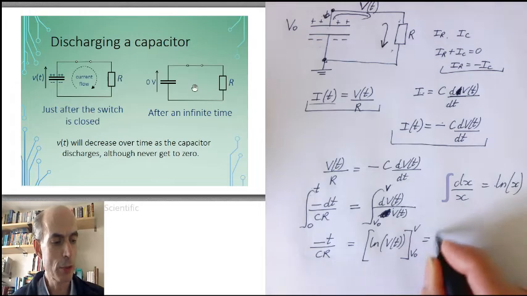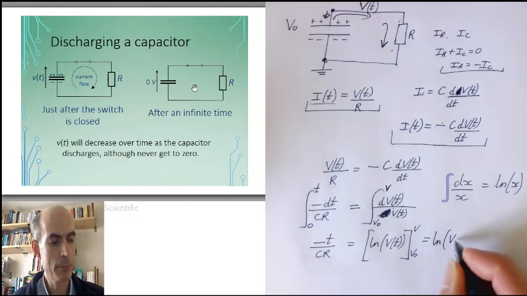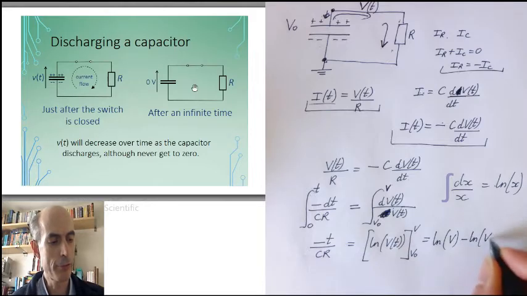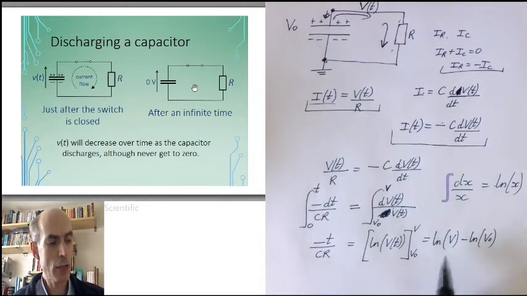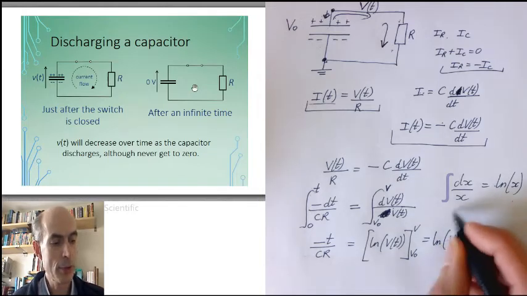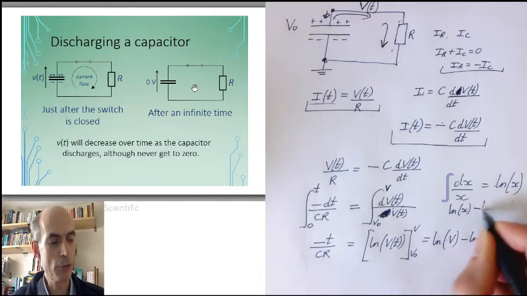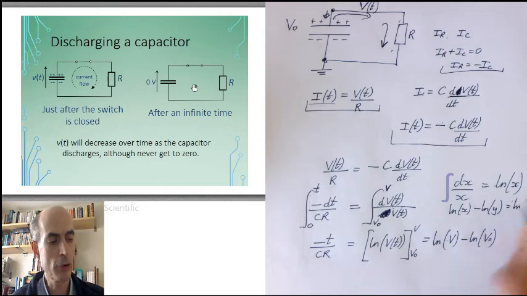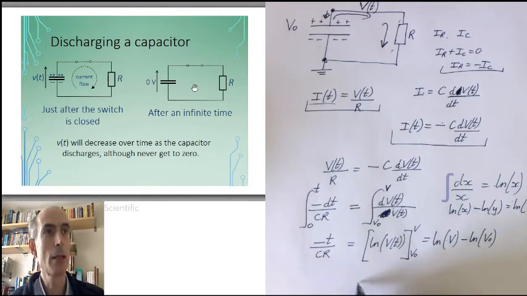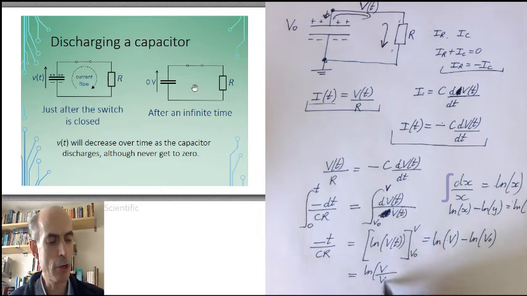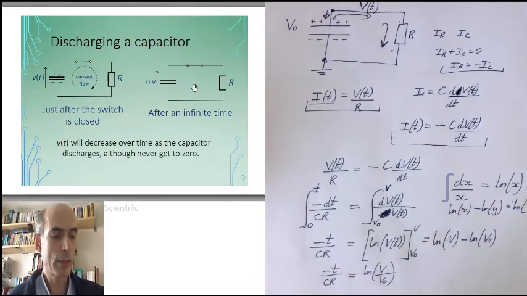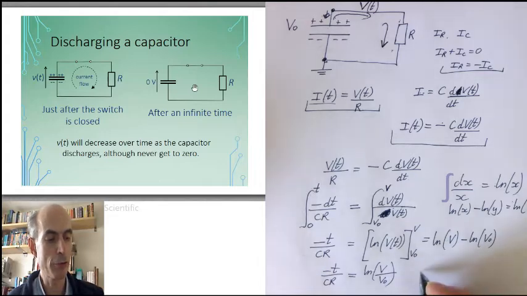So this is equal to the log of V minus the log of V0. And we can use that useful result from logarithms, that the log of x minus the log of y equals the log of x over y, and write this as the log of V over V0 is minus t over CR. Taking antilogs of both sides and multiplying up by V0 gives us the final result.